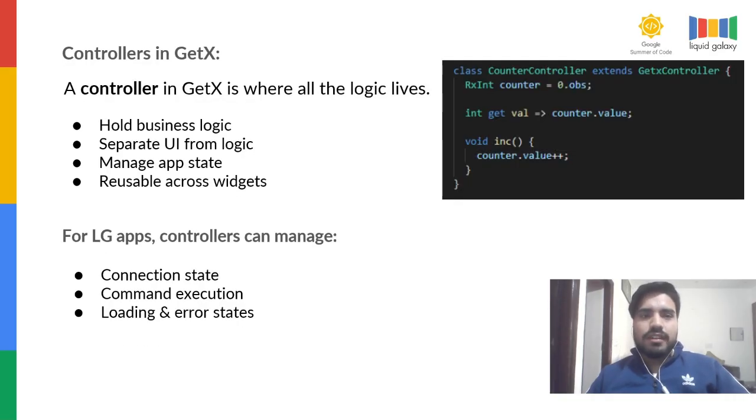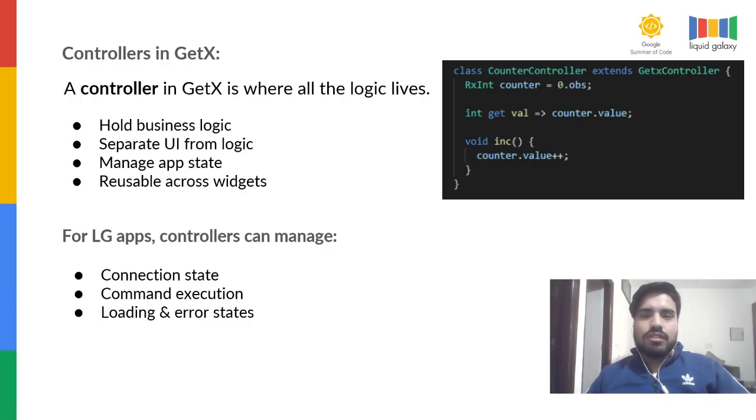So now let's check out the core concepts of GetX in depth. Let's start with the controller. A controller in GetX is where all the logic lives. Means in your controller you write all the business logic of your Flutter application. Like if you want to call an API, or if you want to declare some variable, you can declare it in the GetX controller.